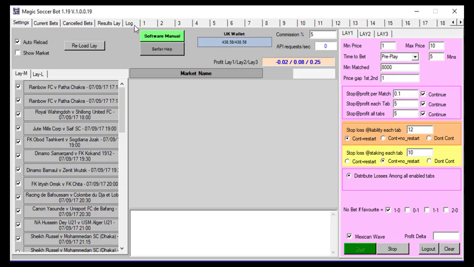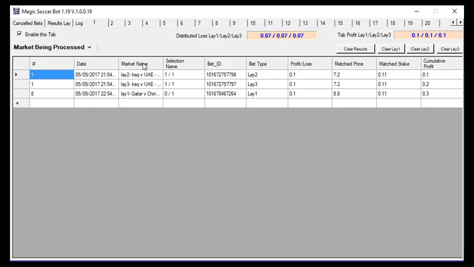If we look up the top here, we've got 1 to 20 going right across. These are individual betting tabs, and they are explained in the user guide, but they are essentially where our bets go and are staked and are housed during the bet, and then the results are recorded here. This is tab 1 we're looking at here, and all our bets are recorded for us in there.